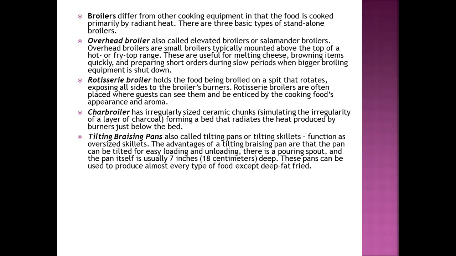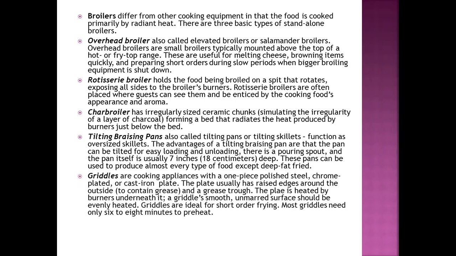The advantages of a tilting braising pan are that the pan can be tilted for easy loading and unloading. There is a pouring spout, and the pan itself is usually 7 inches deep. So these pans can be used to produce almost every type of food except deep fat fried.